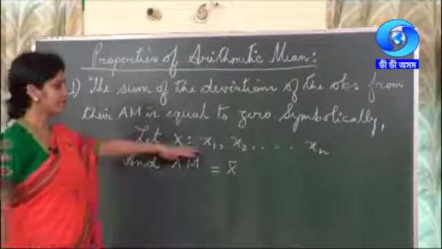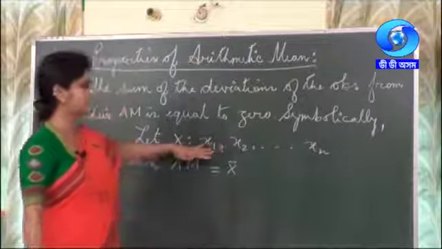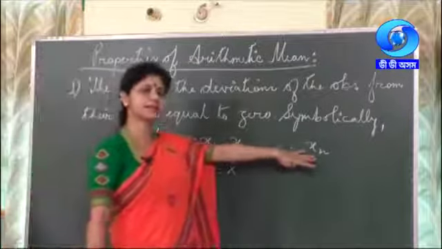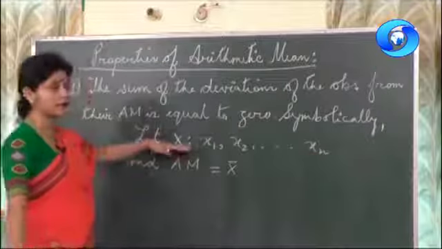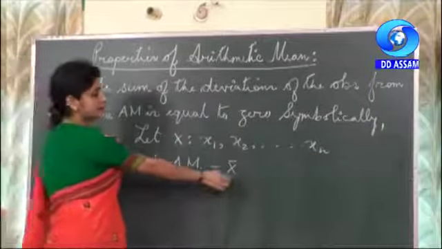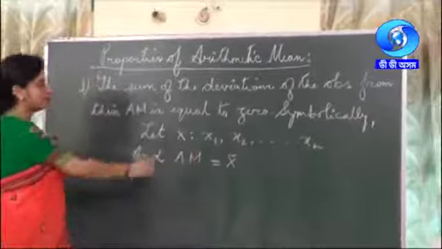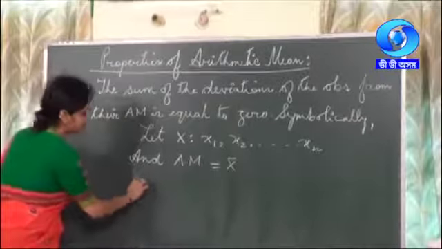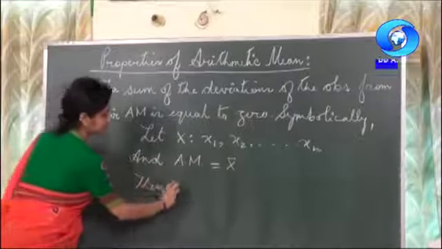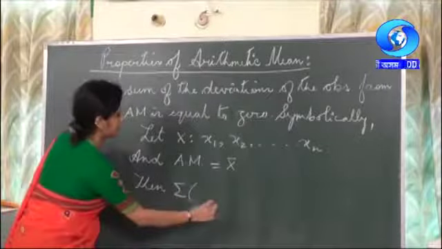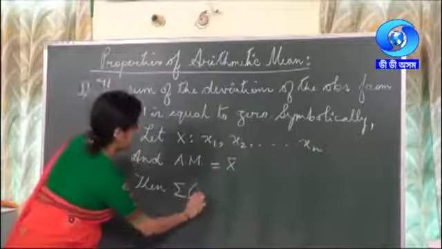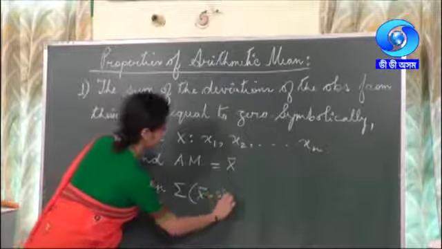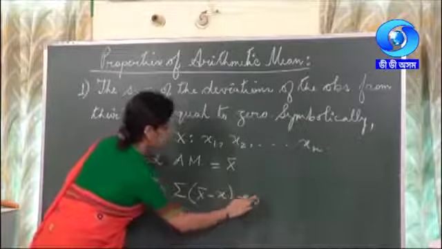That is, we have n observations and x bar denotes their arithmetic mean. Then according to this property, what should we have? Then summation of x bar minus x is equal to 0.